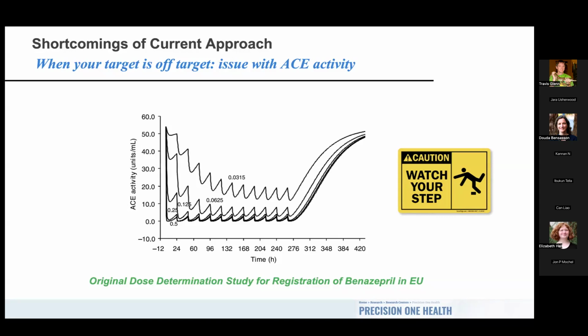And what those studies have shown is that you don't need to go very high with the dose of these drugs. If you go to 0.25 milligram per kilogram once a day, you already max out the effect on that biomarker. And that was the rationale for this 0.25 milligram per kilogram once a day that was labeled when registered in the EU and in the US as well, actually.